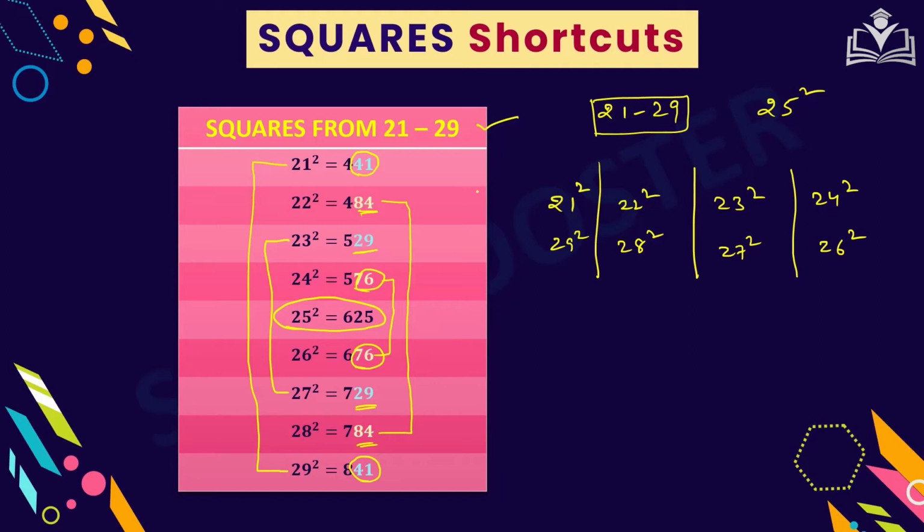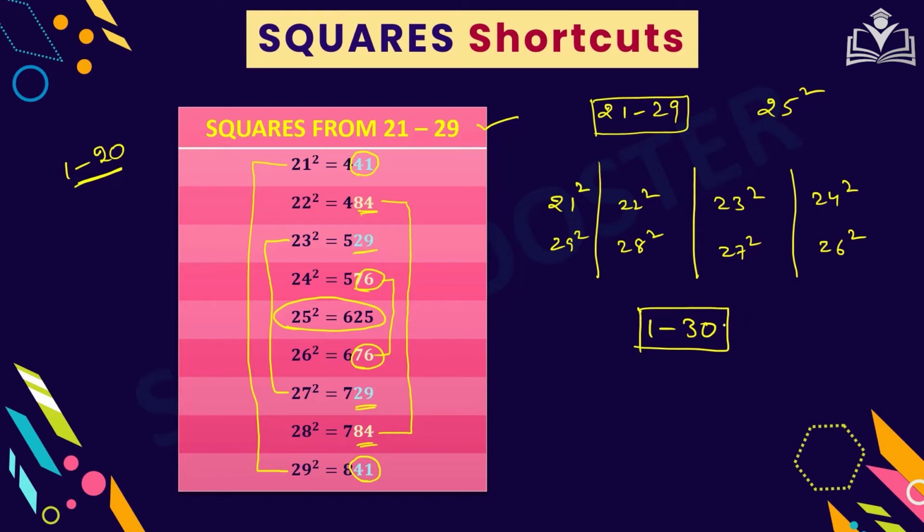In this way, you can remember the squares from 21 to 29. And you must learn 1 to 20 squares. Definitely, if you learn these 21 to 29 also, you can calculate by heart 1 to 30, right? Now, you are in a position to state 1 to 30 squares without any calculations.